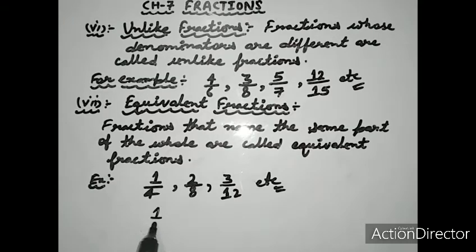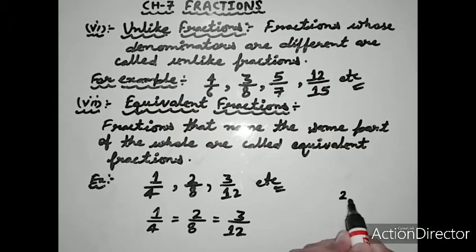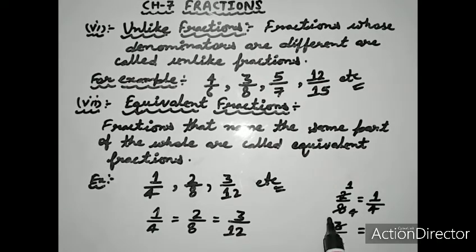We write 1 upon 4 equal to 2 upon 8 equal to 3 upon 12, because if we divide 2 upon 8 by 2, 2 ones are 2, 2 fours are 8, we get 1 upon 4. Now if we divide 3 upon 12 by 3, 3 ones are 3 and 3 fours are 12, we also get 1 upon 4. So all three fractions are equal to each other, and we say that these types of fractions are known as equivalent fractions.